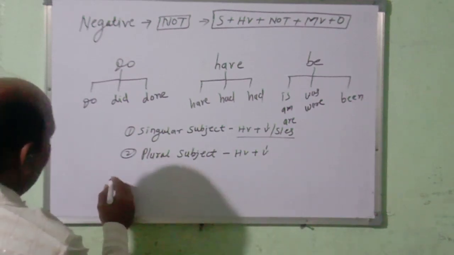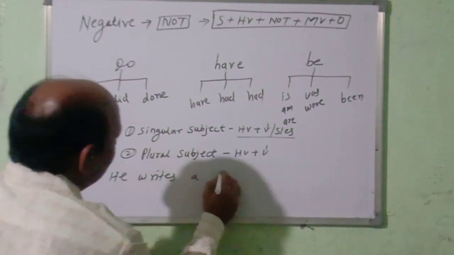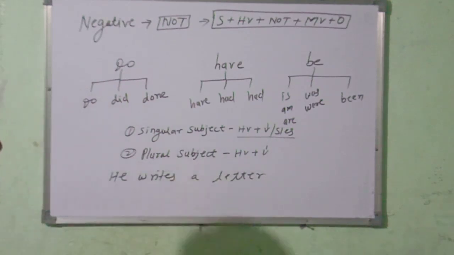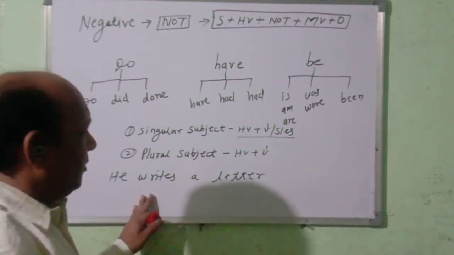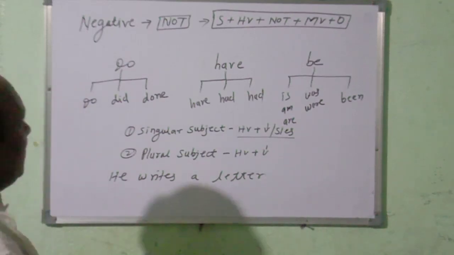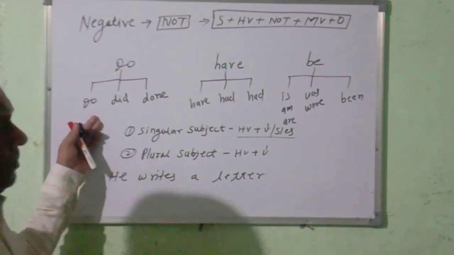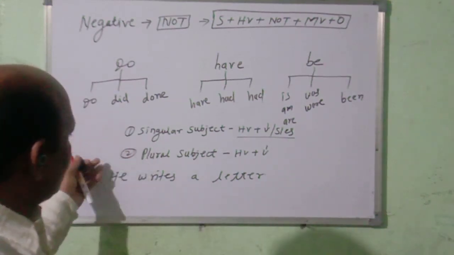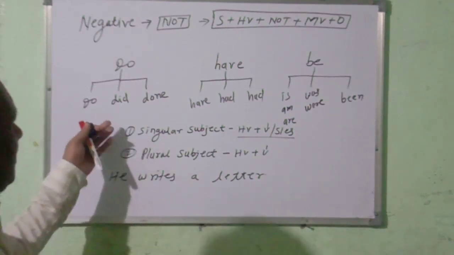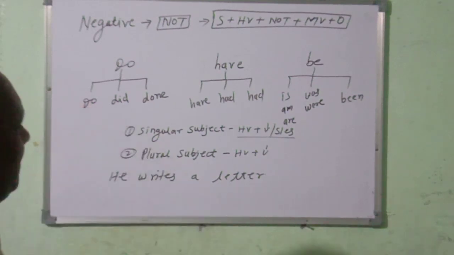What is the previous example? He writes a letter. That is a positive sentence. When we convert it into a negative sentence, first we have to take the help of the primary verbs, because in this sentence there is no helping verb present. For that purpose we have to take the helping verb from the other side, from the primary verbs.